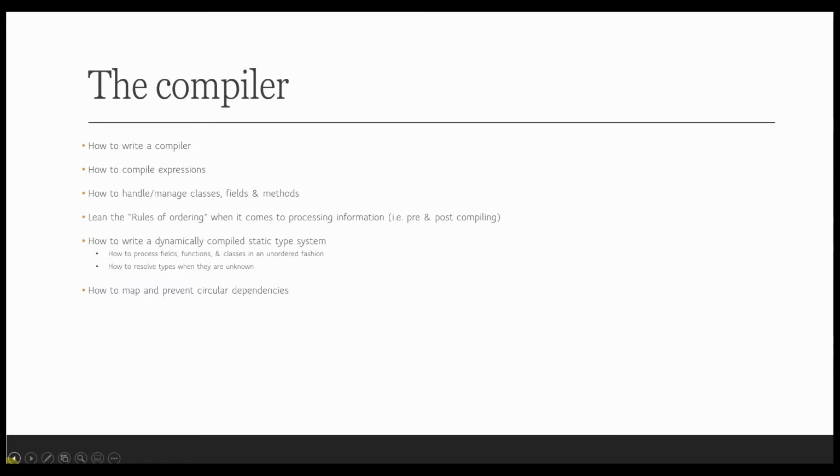There are certain situations, I don't want to get into it too much, in our compiler where we're going to have to make sure that the user doesn't break the compiler, because they can easily do that. I'll give you one example. If you have a variable called x and you assign x to y and then y to z, and then z is equal to x, well, because our type system is going to be dynamic, it's not going to process all of that information at once.